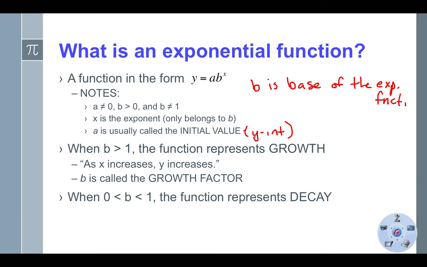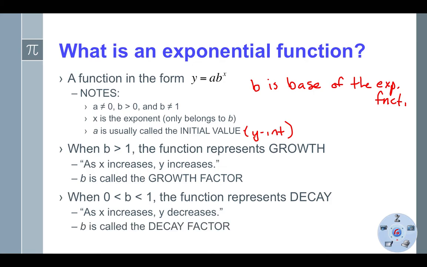And when b is between 0 and 1, like a decimal or a fraction that is between 0 and 1, the function represents a decay, and basically says as x increases, y decreases. And likewise, in these particular equations or functions, b is called the decay factor.